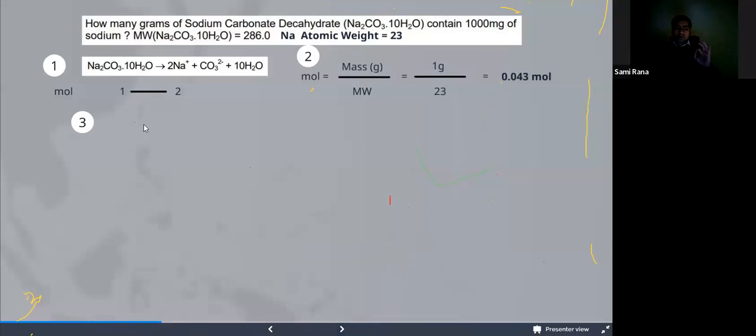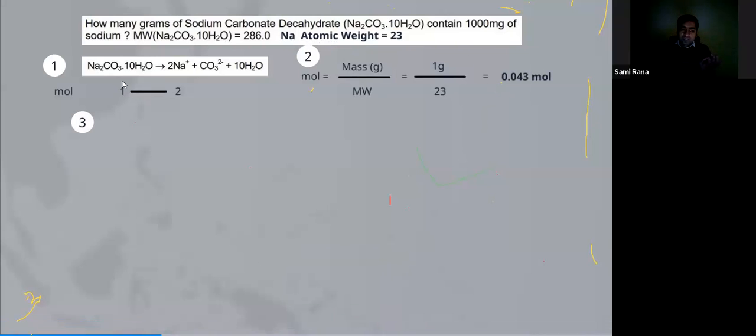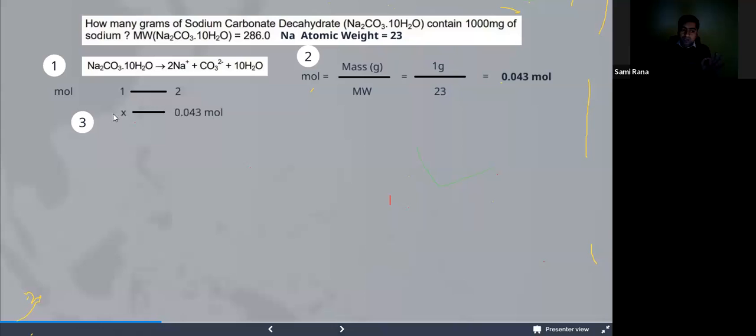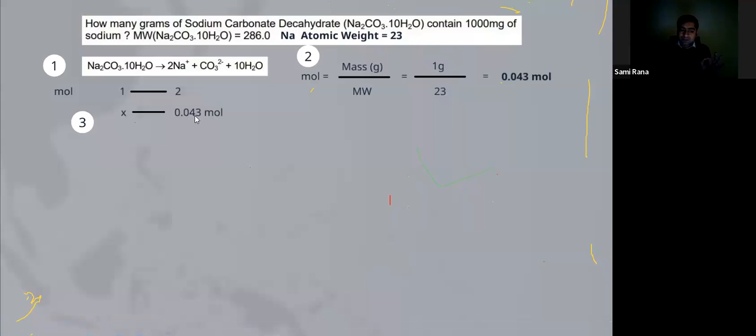How is it going to work? 1 mole of this whole formula is giving us 2 moles of sodium. Now, how many moles of this formula will give 0.043 moles? Make sense? This is a simple cross multiplication. 1 mole is going to give us 2 moles of sodium. Then how many moles will give 0.043 moles of sodium, which is equal to this 1000 mg, or we can say 1 gram of sodium?